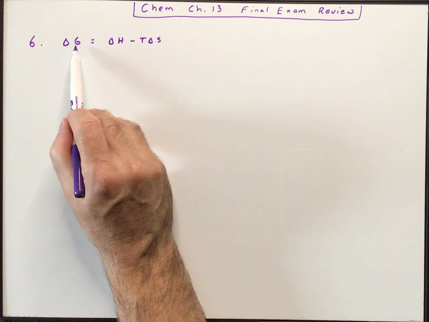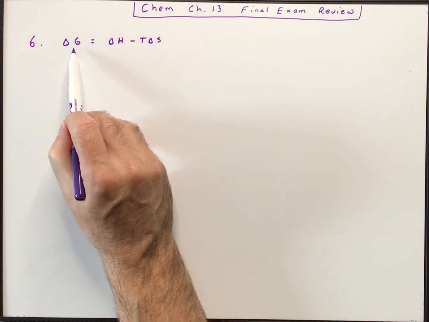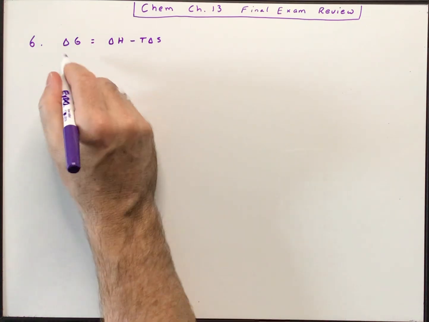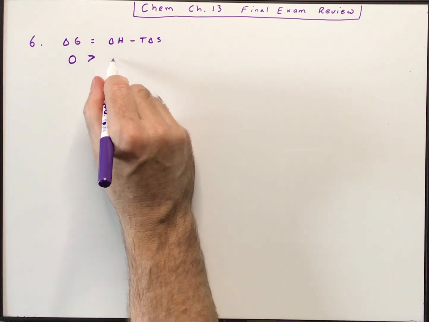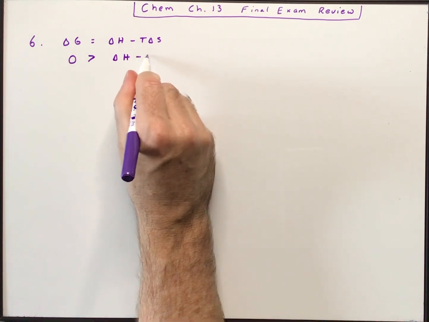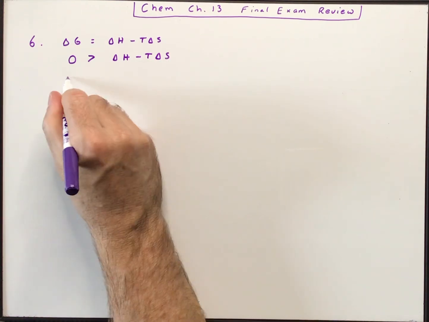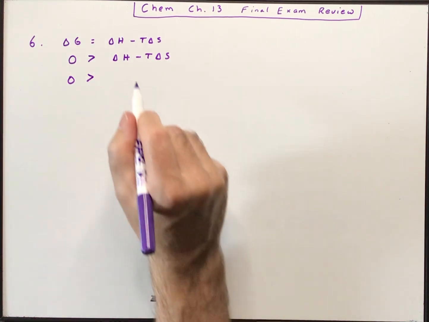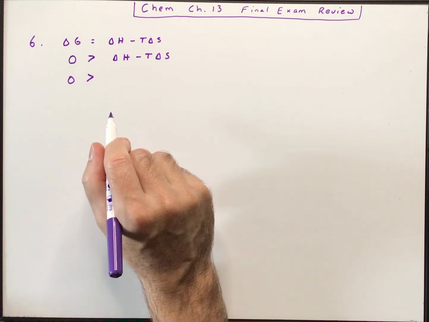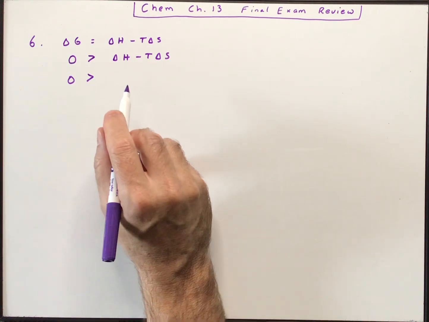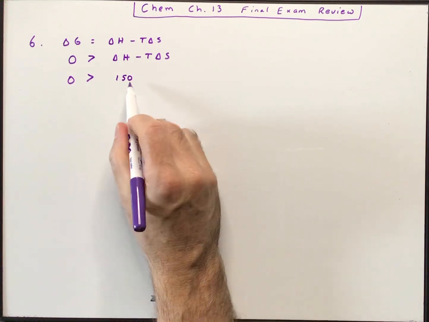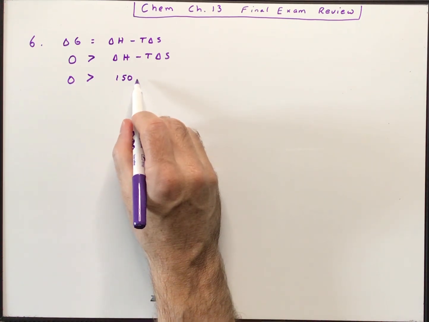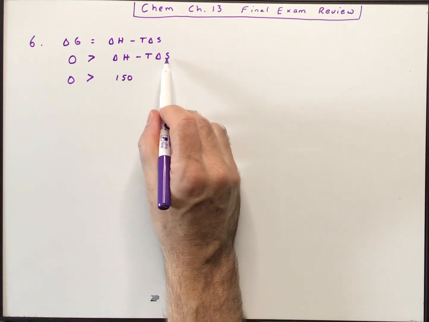So we need delta G to be negative. So I'm going to change this to an inequality. To be negative, 0 is greater than delta H minus T delta S. Now in the problem it says that delta H is 150. Now I'm not going to write down the units because it gets a little messy here. And that delta S is 300.